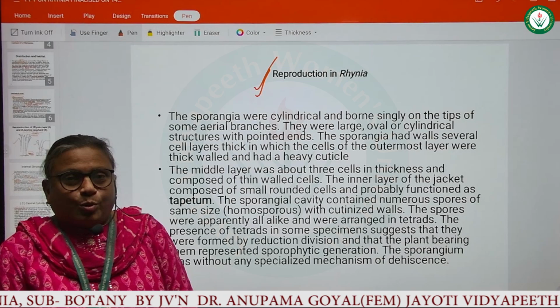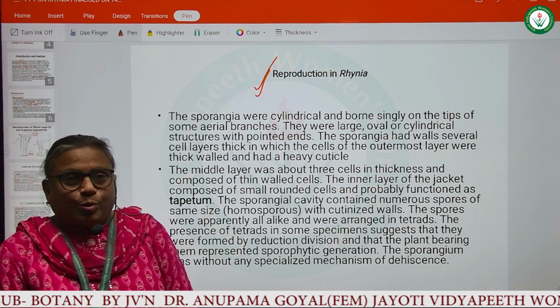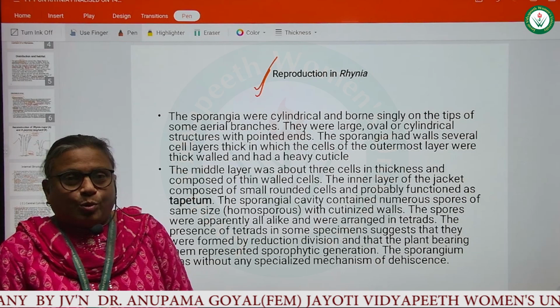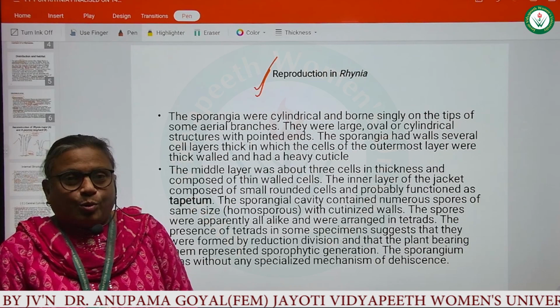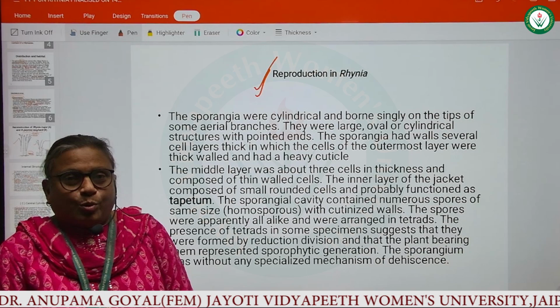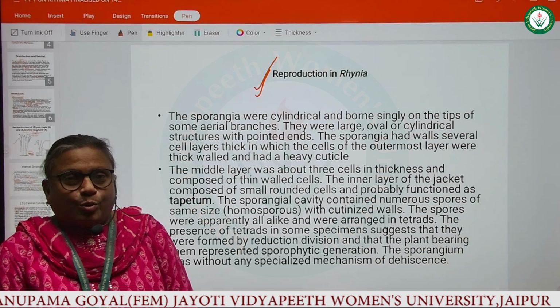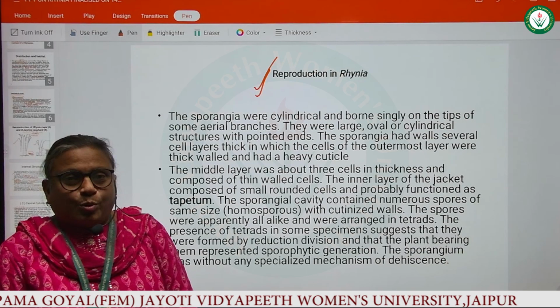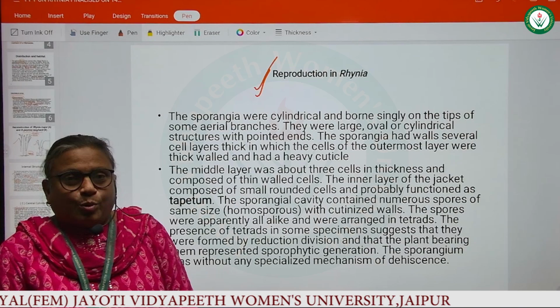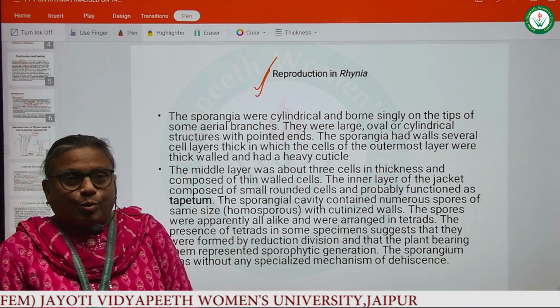The spores were apparently all alike and were arranged in tetrads. The presence of tetrads in some specimens suggests that they were formed by reduction division and that the plant bearing them represented the sporophytic generation. The sporangium was without any specialized mechanism of dehiscence.